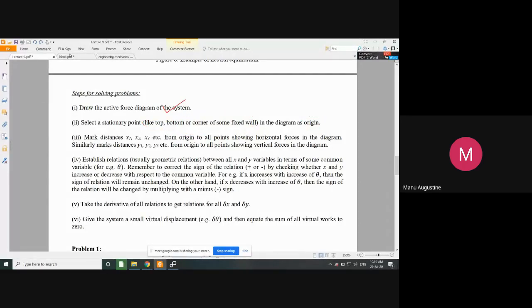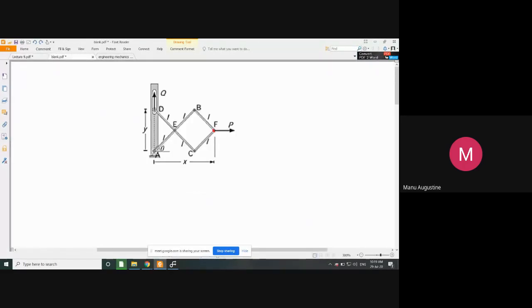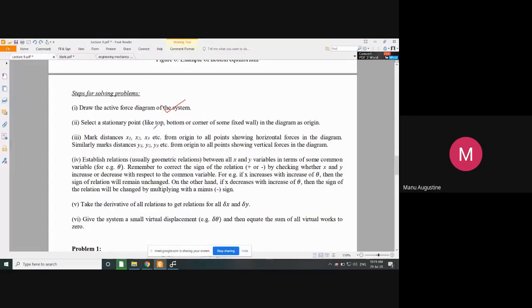And if we go back to our figure, this point A becomes the perfect candidate for origin. So I will say that A is my origin. So I have set the origin also. So now all the distances that I will be measuring in my problem will be with respect to this origin. Okay. So let us go back to the steps. This step is also completed. I have selected the origin as a fixed point.